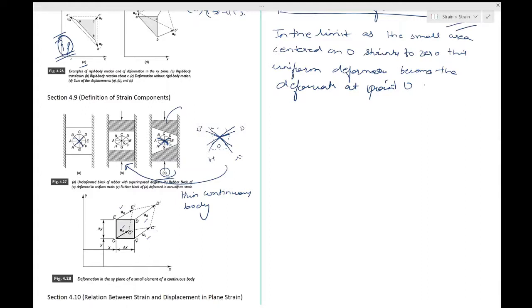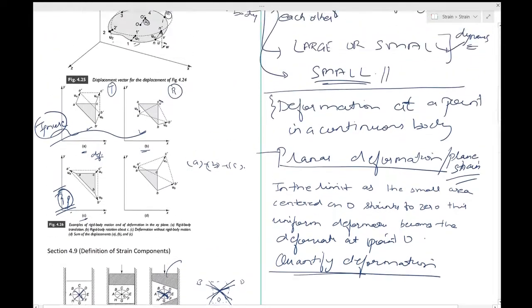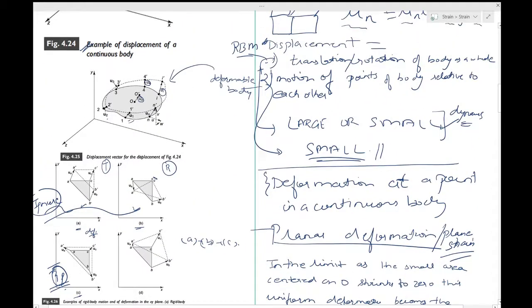So now what we want to do is quantify deformation. We know that deformation has happened, right? And O is our point of interest, like always. If you go back, you see what this 2 was, motion of points of a body relative to each other.